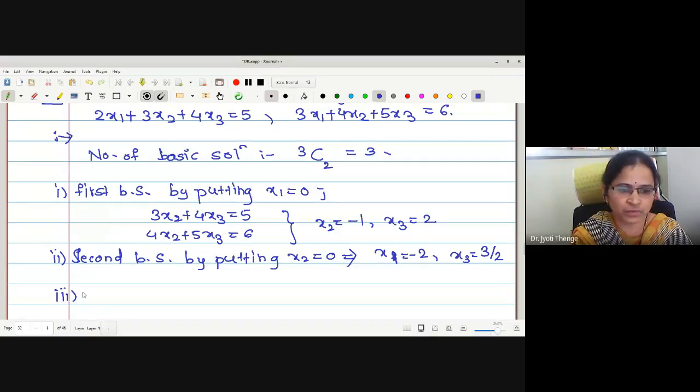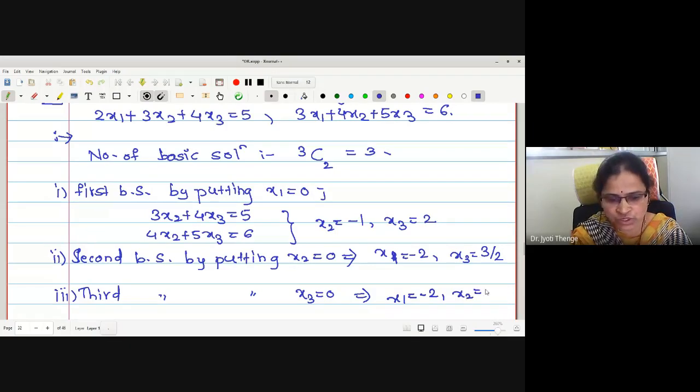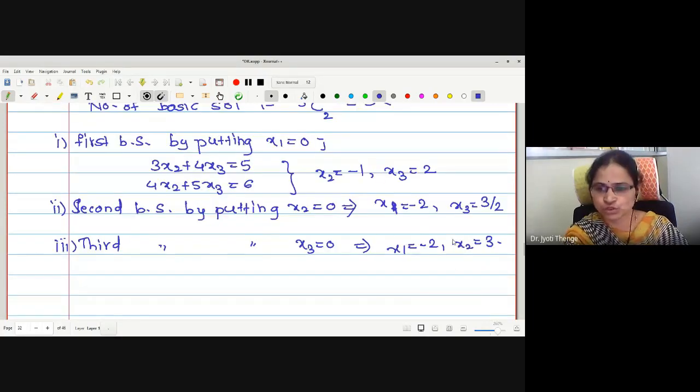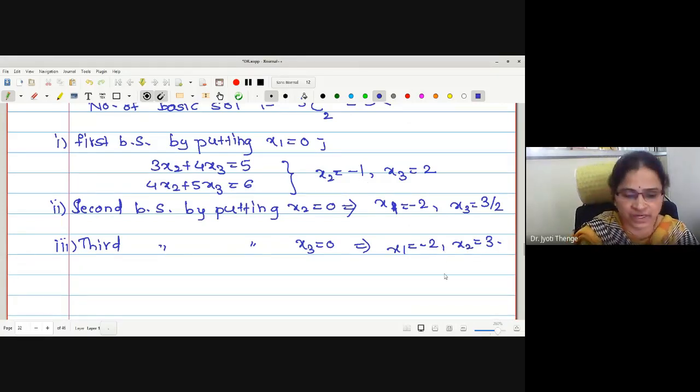Similarly, the third one, by putting x3 = 0, gives x1 = -2 and x2 = 3. There are three basic solutions possible. The first is not feasible, the second is also not feasible, and the third is also not feasible because one of the values is negative.